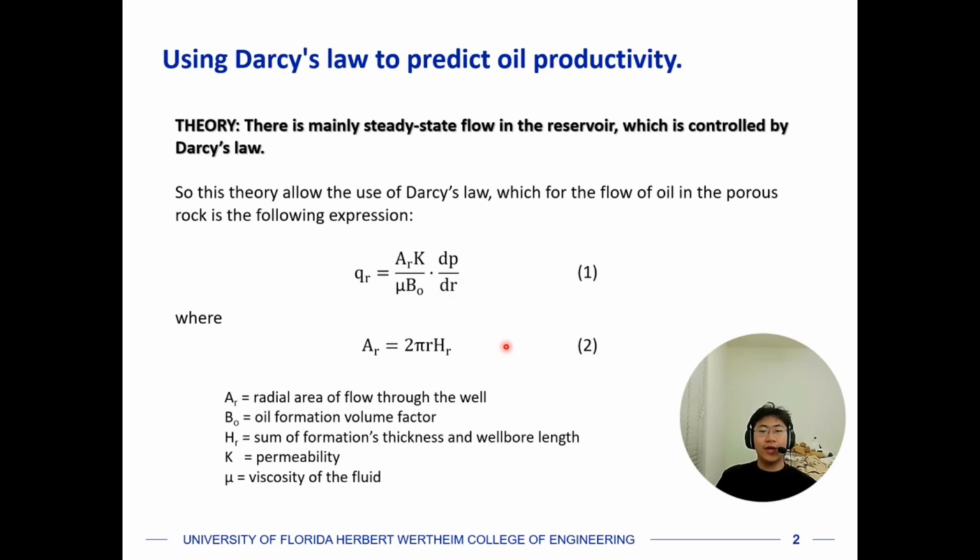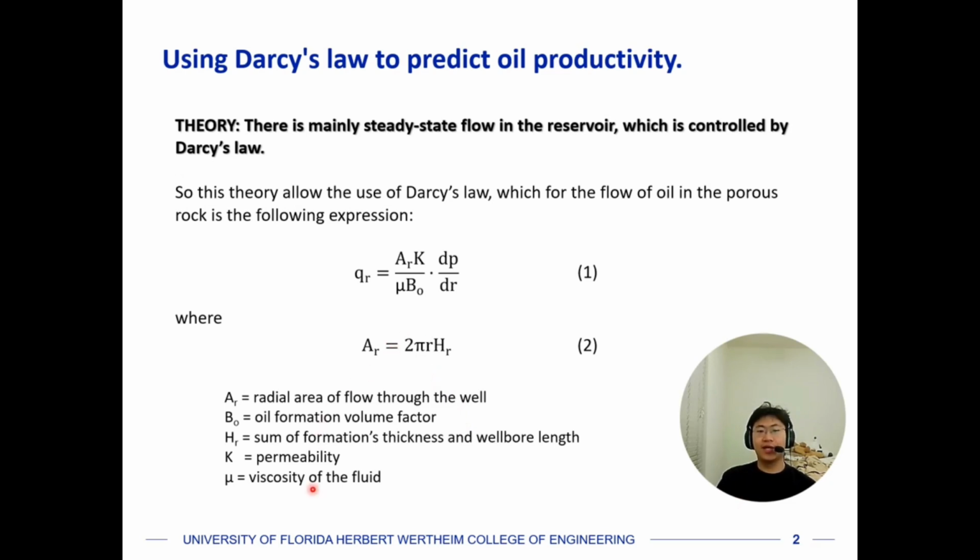And here, A_r means the radial area of the flow through the well. In other words, it's the inner surface of the well. So the inner surface of the well is 2 pi r h_r. And here we use h_r to describe the total length of the well.